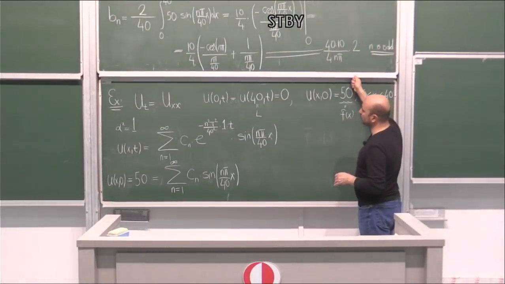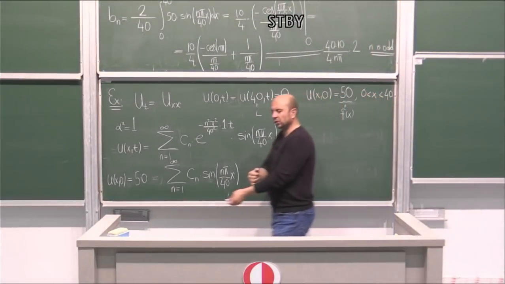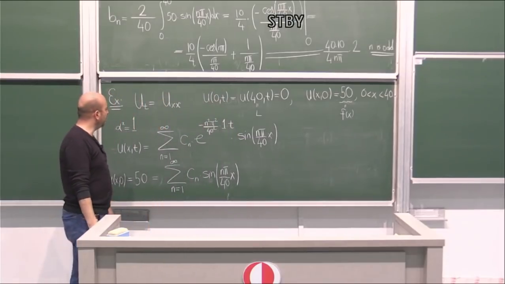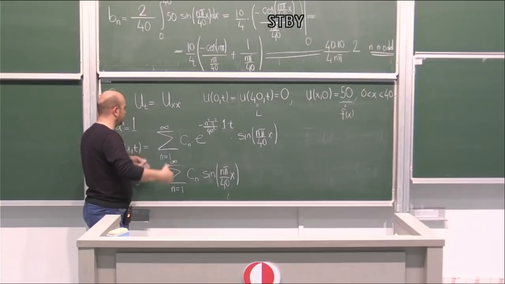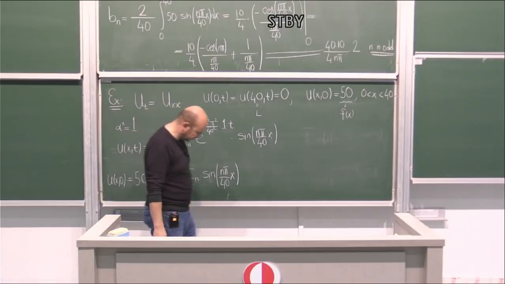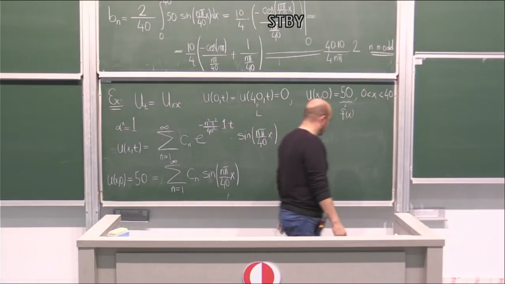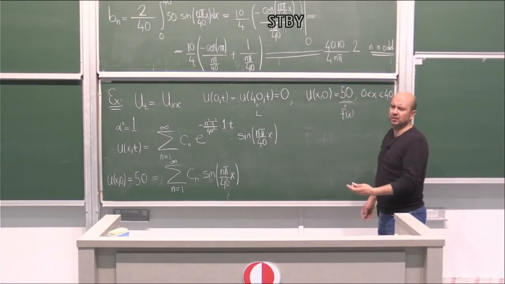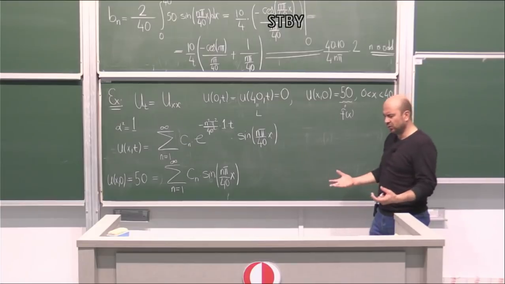But I want to say one thing here. How about the ending behavior of this function? What will happen as time gets larger and larger? So what happens as time goes to infinity? Think about the realistic problem.